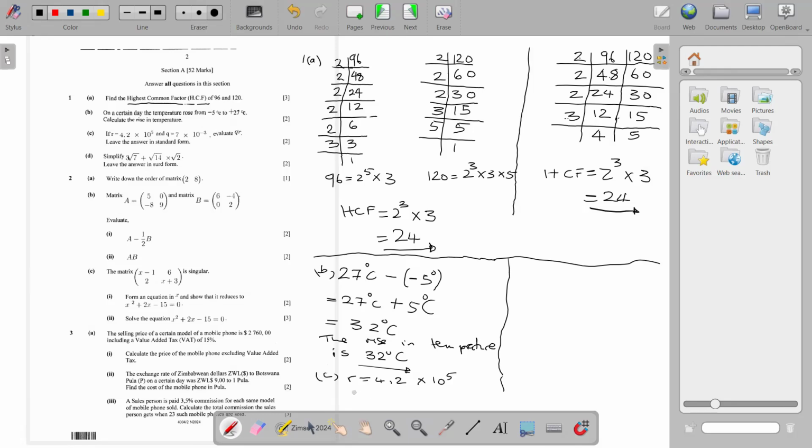Then you are given that Q is equal to 7 multiplied by 10 to the power negative 3.